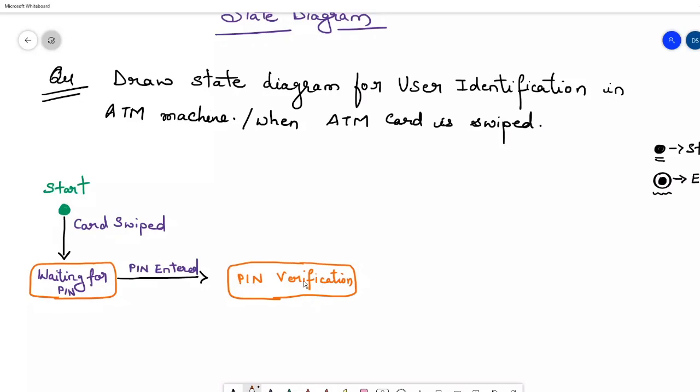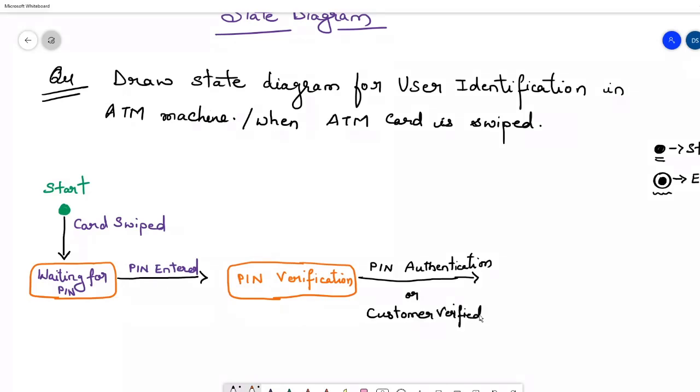If the pin is correct, so pin authentication, we can say that, or we can say customer verified or pin verified.